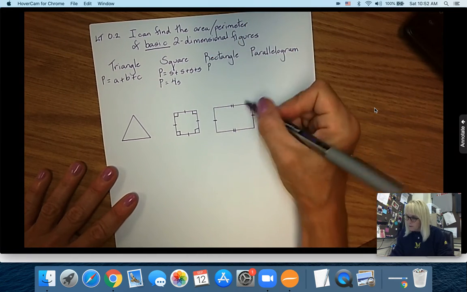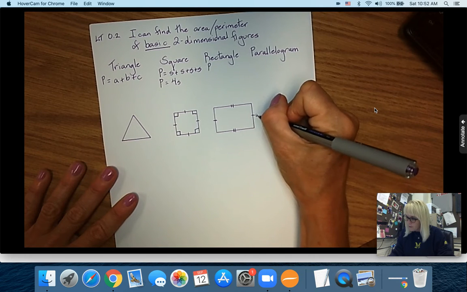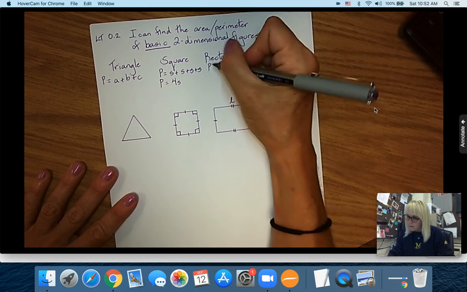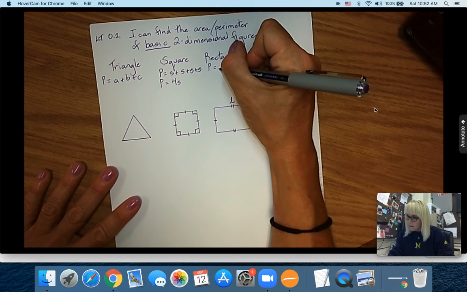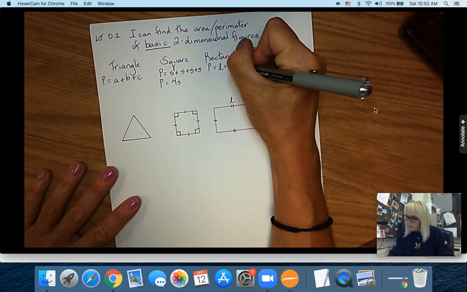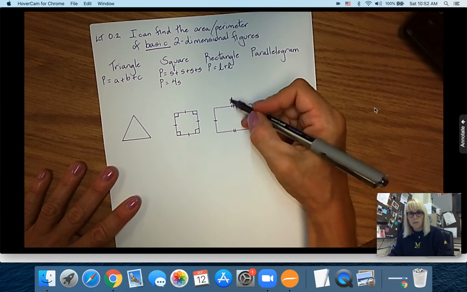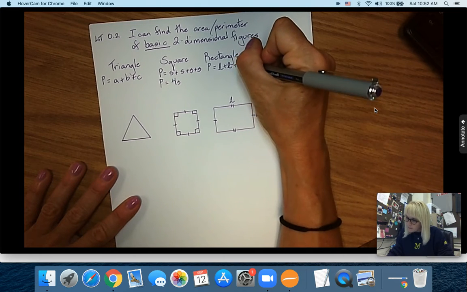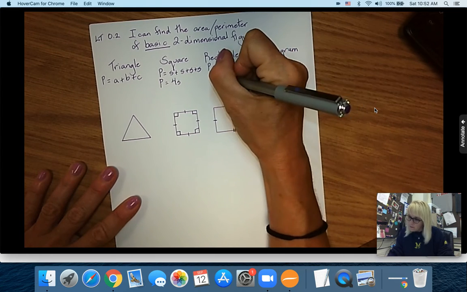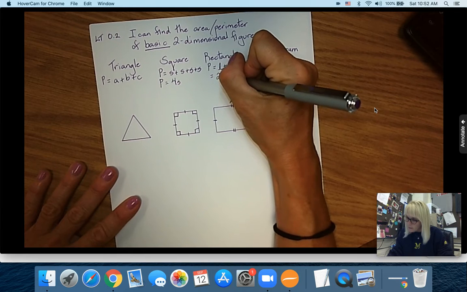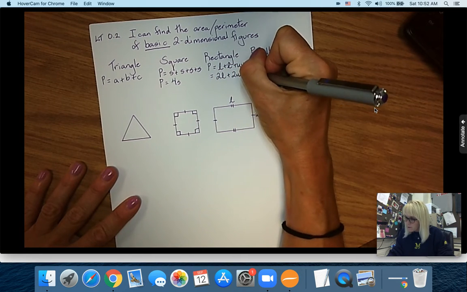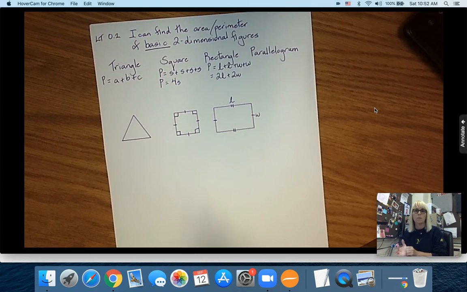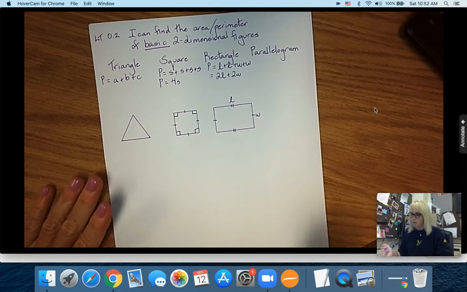So if we call this side the width and this side the length, we could say we have length plus width plus length plus width, which is the same as 2 of the L's plus 2 of the W's. 2 times L plus 2 times W for perimeter.